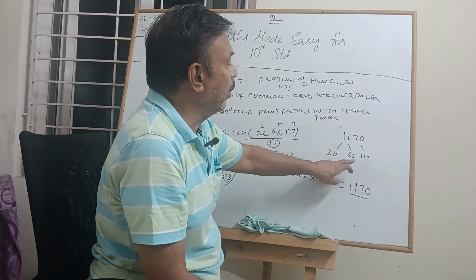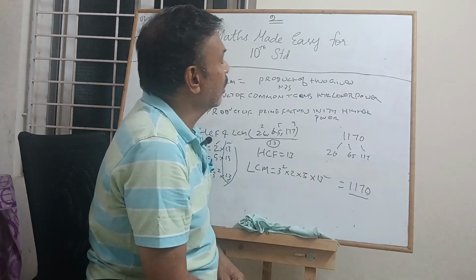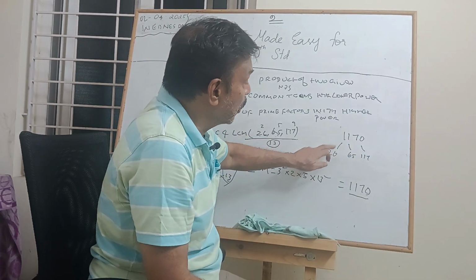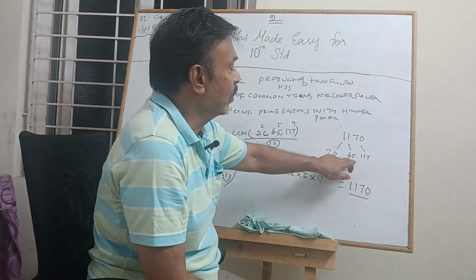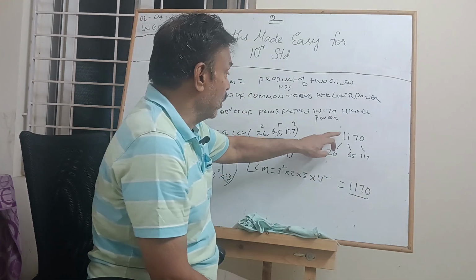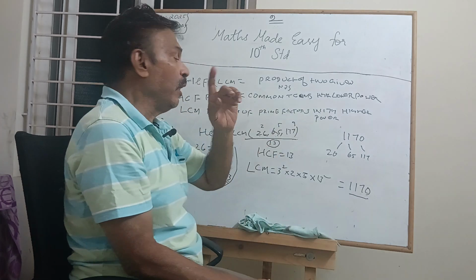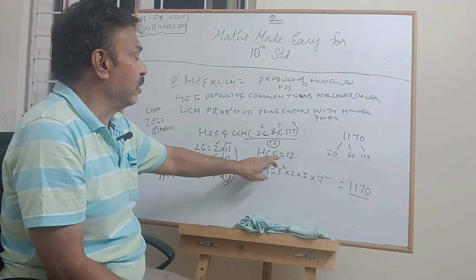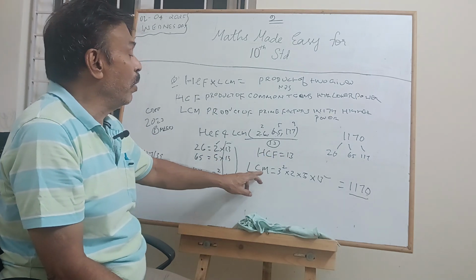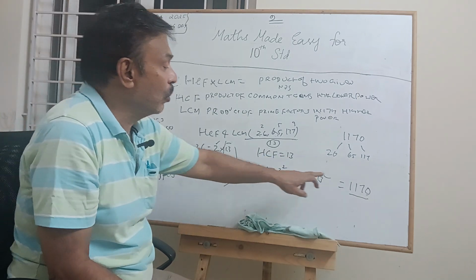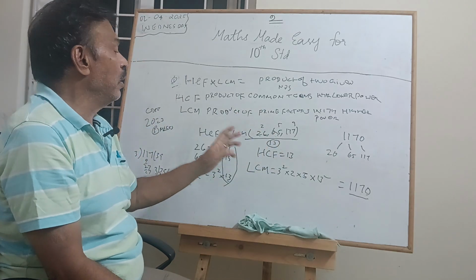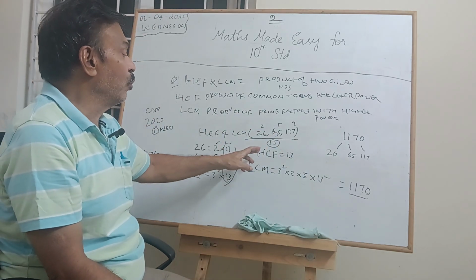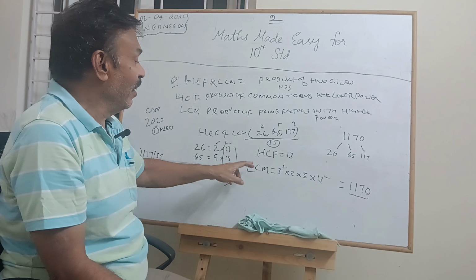These all three numbers will divide this number, and this is the least number for all these three. So this is the least count. Again I tell you, don't get confused. Highest common factor is 13. Least common multiple is 1170. Don't think that highest should be small and least is high; that is not the case.